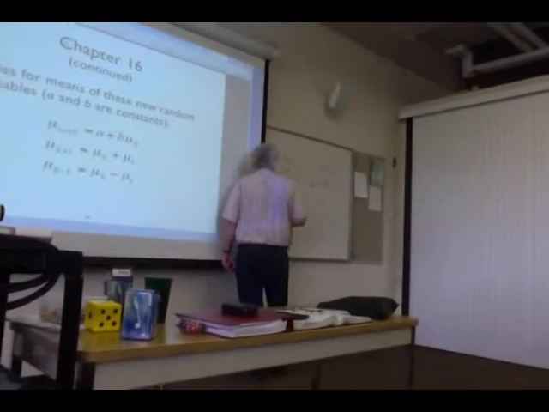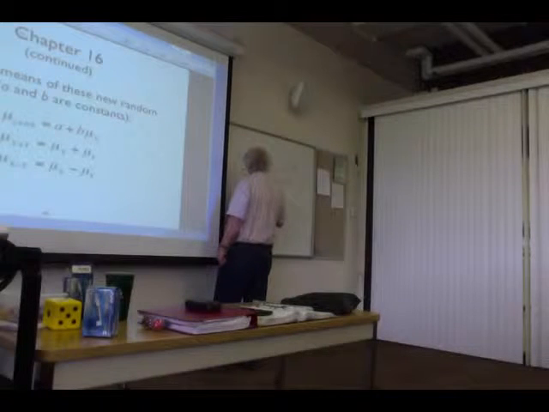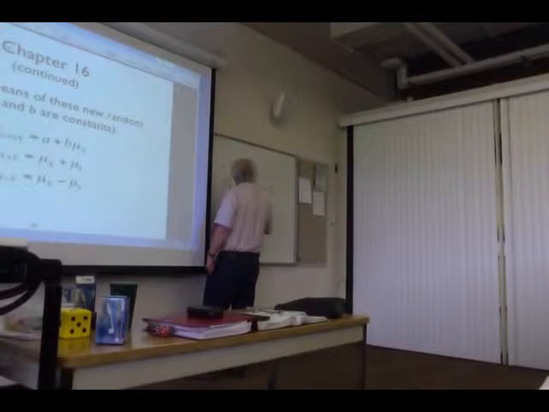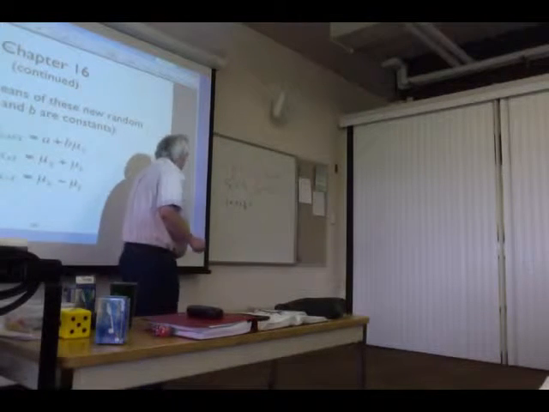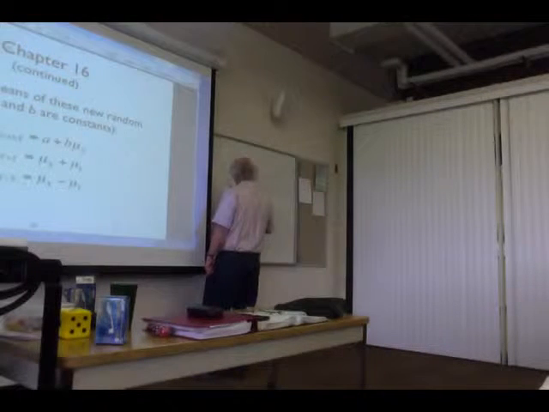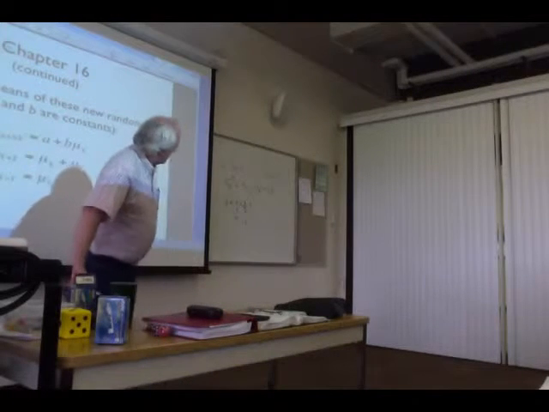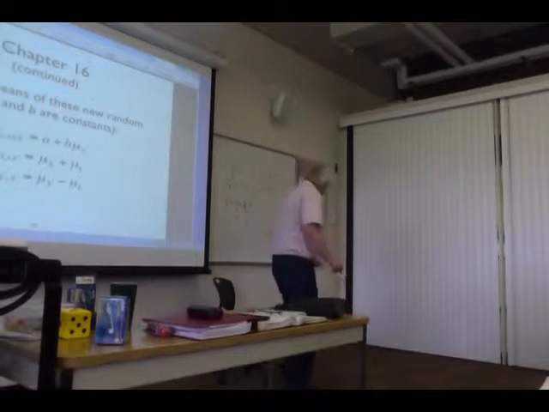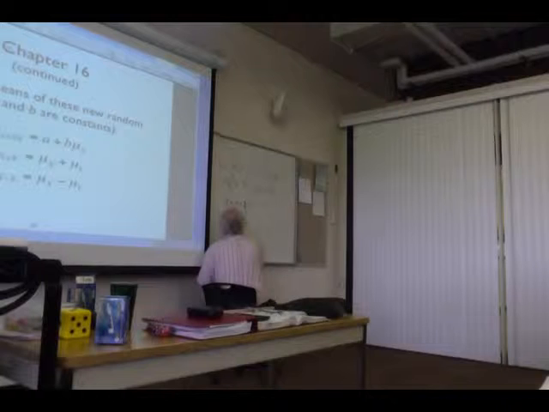I construct a new random variable where I'm using the symbol Y. Suppose I make that 5 plus 3/2 times X. This is my A. This is my B. What is the mean of the random variable Y?